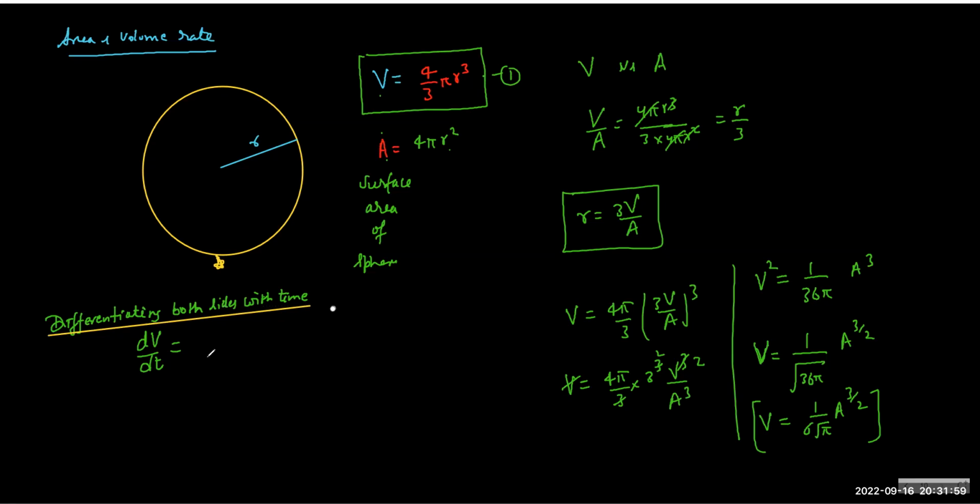Tell me. dV by dt is how much? So LHS too we have done. So what about the RHS? 4 by 3 pi is constant. So what is the d by dt of r cube, guys? Tell me. How to write this further?